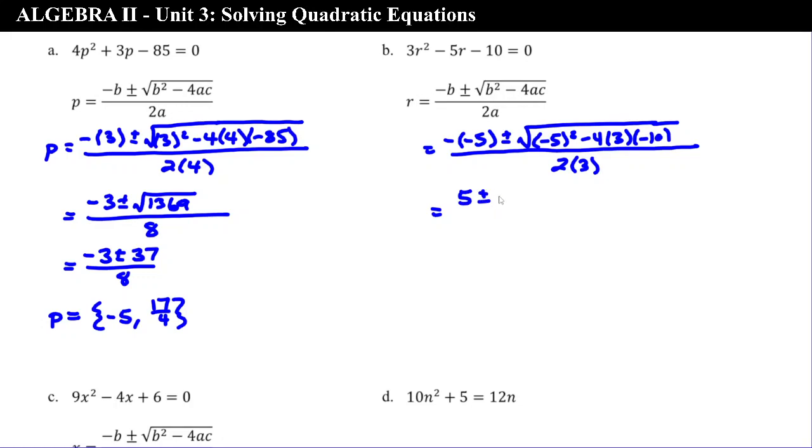What's under the square root becomes the square root of 145, and the bottom is 6. As it turns out, you cannot simplify the square root of 145. So if you want to just leave it as r equals 5 plus or minus the square root of 145 divided by 6, you are more than welcome to.